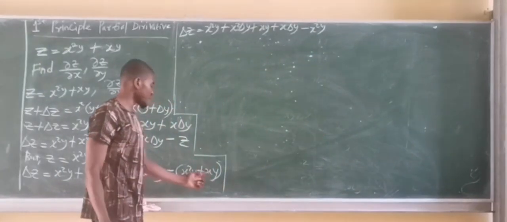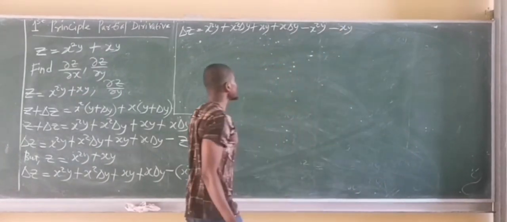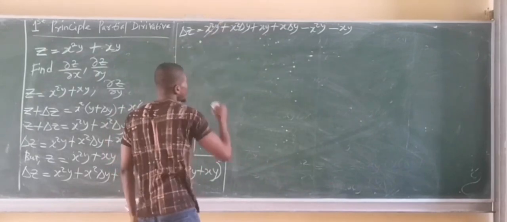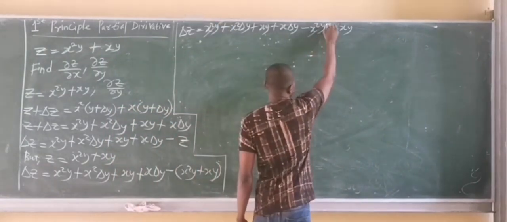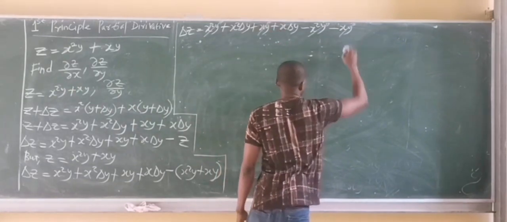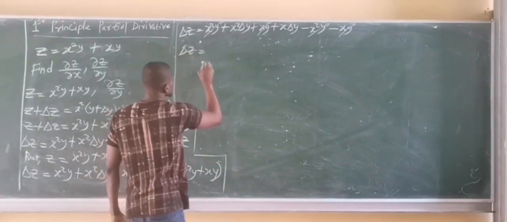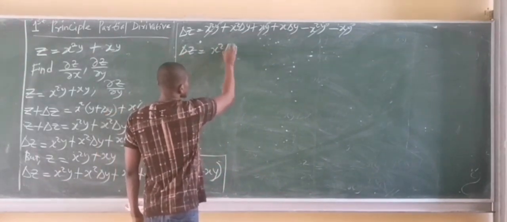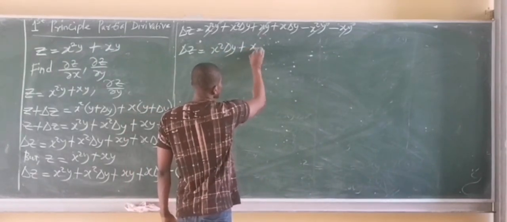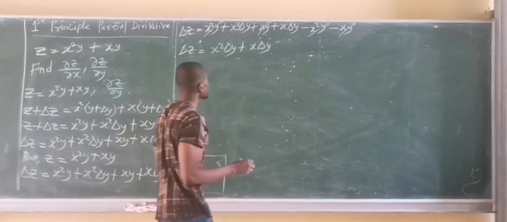Also, minus multiplies xy gives me minus xy. At this point, you pause. You have x squared y minus x squared y, so they can strike. You also have xy minus xy, so they can strike. So you're left with change in z equal to x squared change in y plus x change in y. This is what you have.